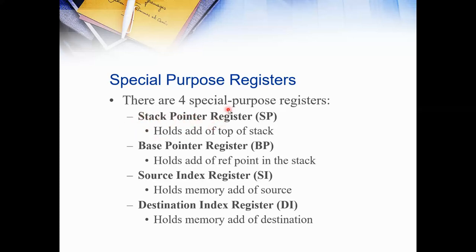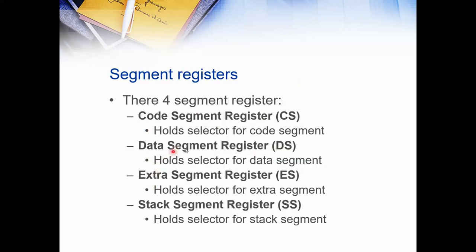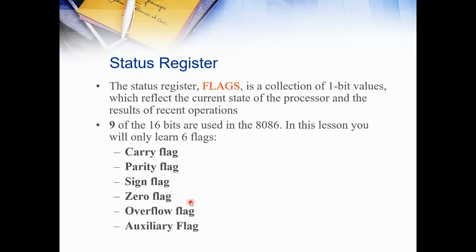So these are the special purpose registers or pointer and index registers. Then you have the segment registers, which are the code segment register, data segment register, extra segment register, and the stack segment register. So the status register, known as a flag, is a collection of 1-bit values which reflect the current state of the processor and the result of the recent operation.